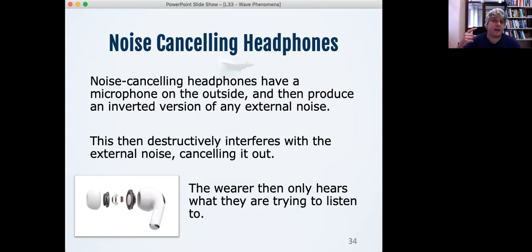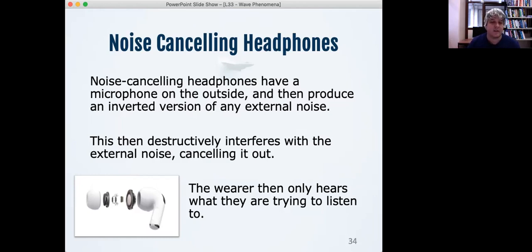The microphone in your headphone will pick up that sound and it will play an inverted wave. So the exact opposite. So that it plays a crest whenever there was a trough and it plays a trough whenever there is a crest, and it cancels out that wave because that's what interference does. And that's all noise cancelling headphones are actually doing. The better they are at it, the more precisely they can match those crests and troughs up and cancel out that noise exactly.